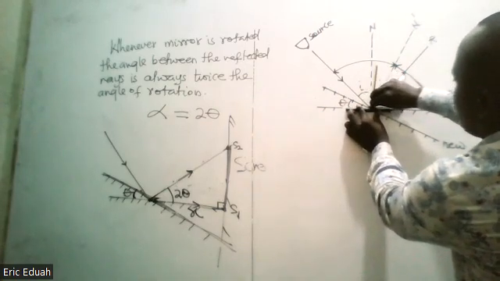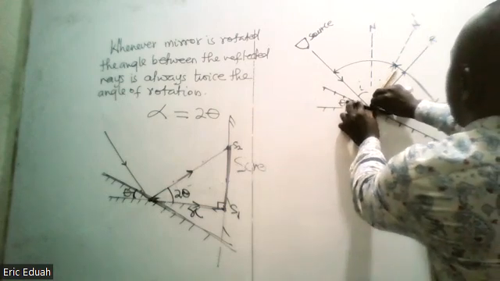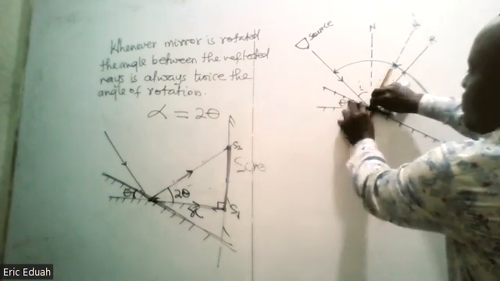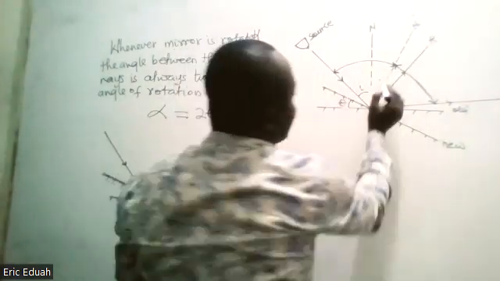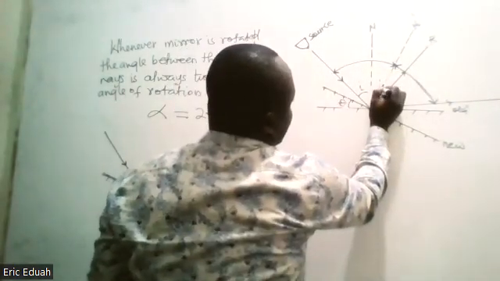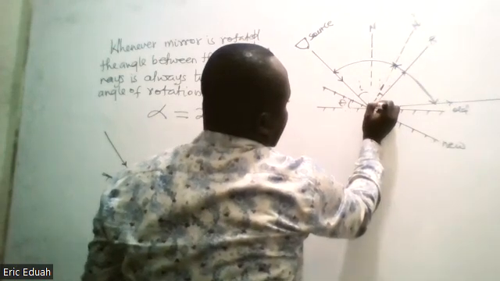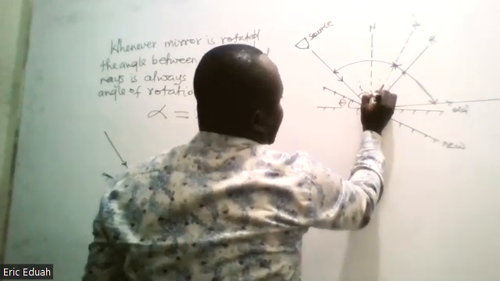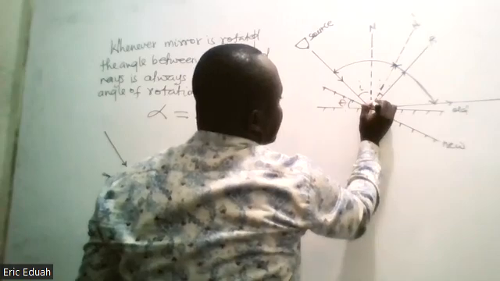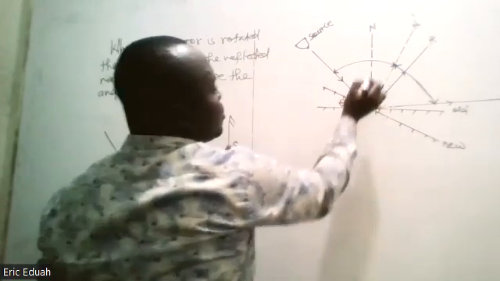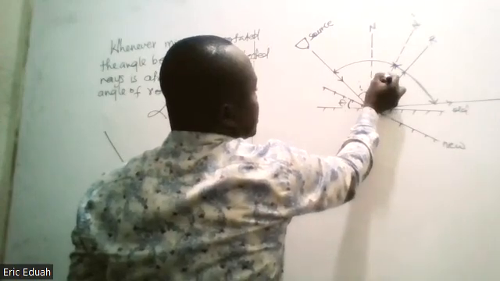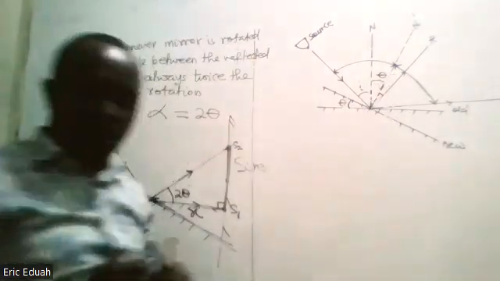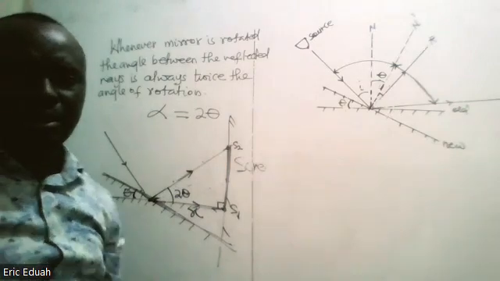The normal is also rotated through the same angle. And so we conclude that if you rotate the mirror by an angle theta, then the angle between the old normal and the new normal would also be equal to the angle of rotation theta, because they go together.